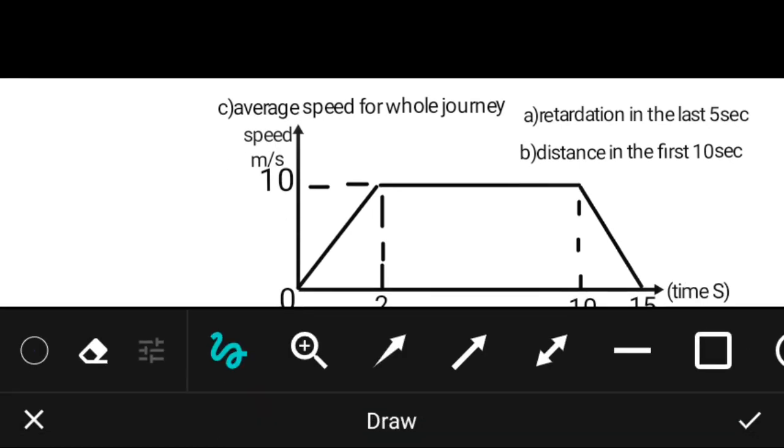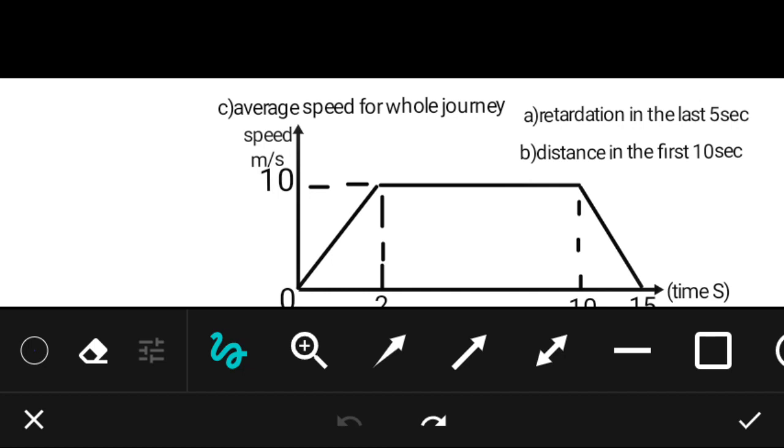This time around now we are calculating the average speed for the whole journey. Okay. So now, do we know the distance for the whole journey? No. For you to calculate the average speed for the whole journey, you need to have the distance for the whole journey.